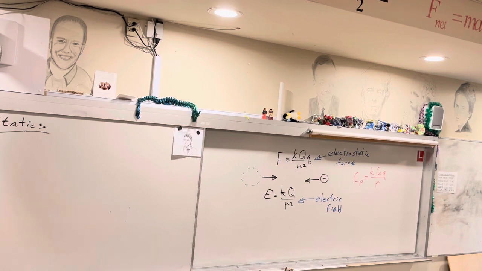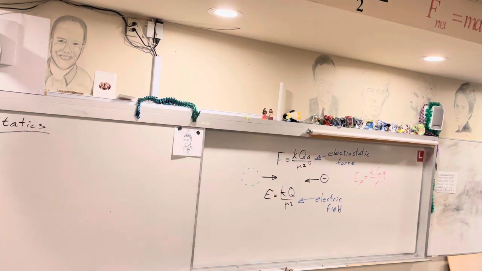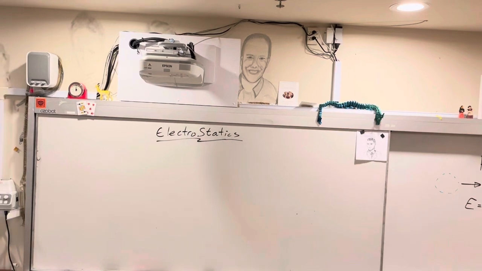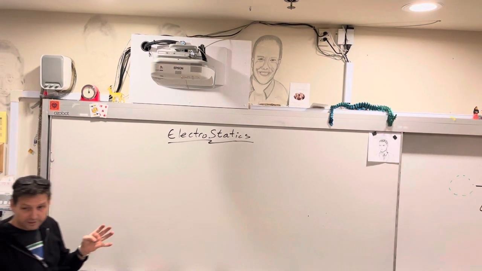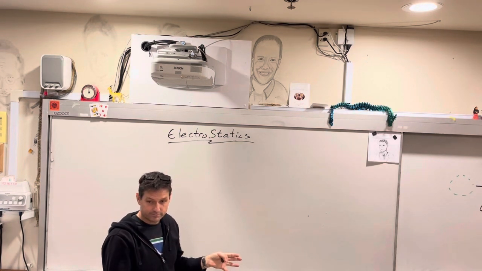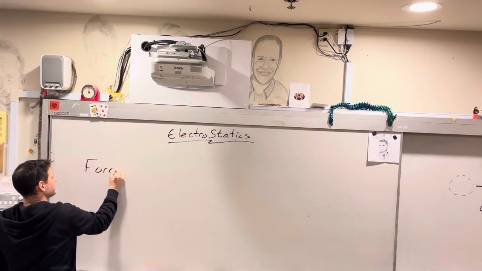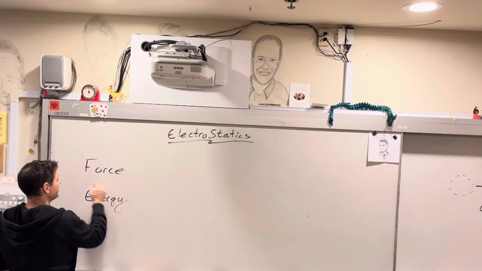If you're like, this is a lot of letters and jumbled up stuff, let's put them all together in a chart, and then you'll be able to use them. We'll try. Really, there's just force and energy. That's it. So let's do force here and energy here.